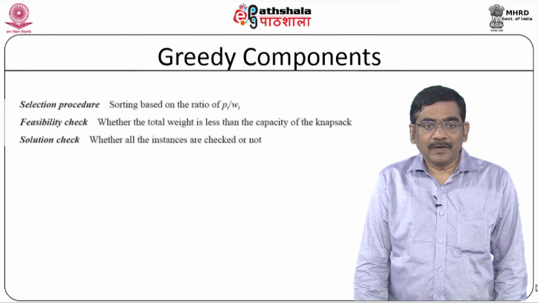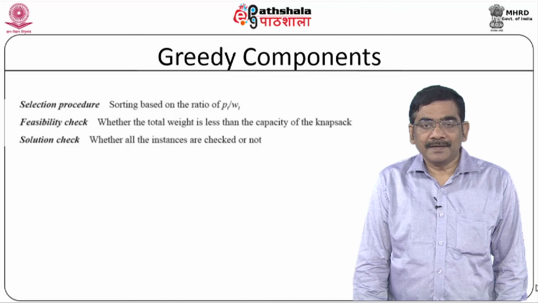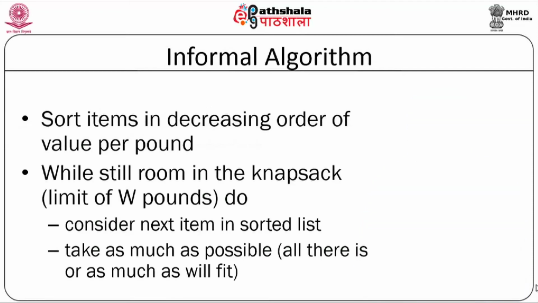The greedy components are: selection procedure, which is based on the ratio of Pi by Wi; feasibility check, which is that at no point of time the weight should cross W; and the solution check, which is whether all the items are checked or not.